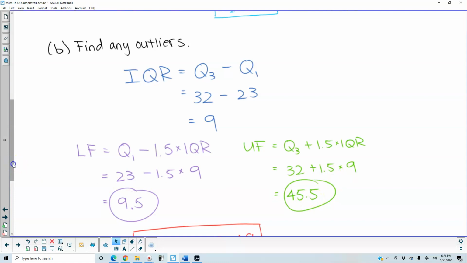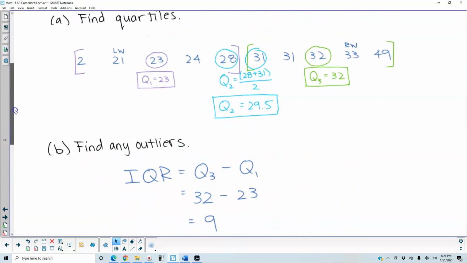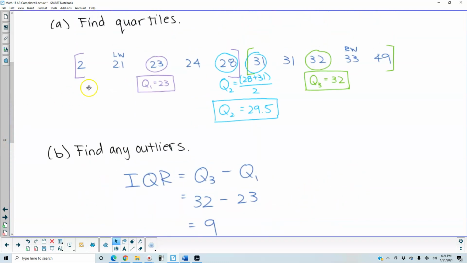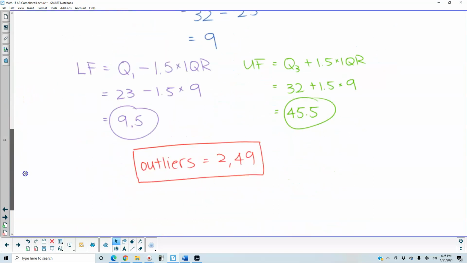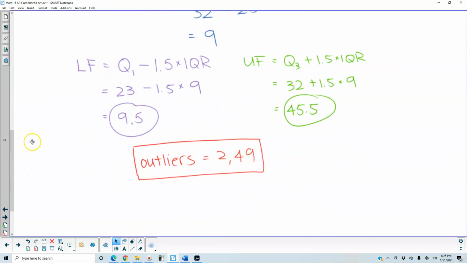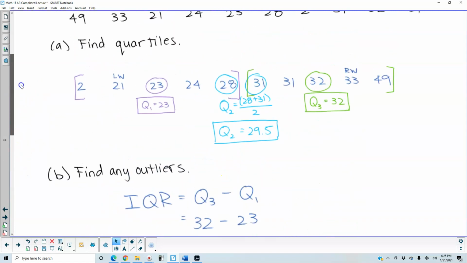So if we go back and look at our data, any numbers to the left of 9.5 or to the right of 45.5 are considered outside the middle observations. So here we have the smallest number. We can see that our outliers are going to be 2 and then 49. So let's go back up here.